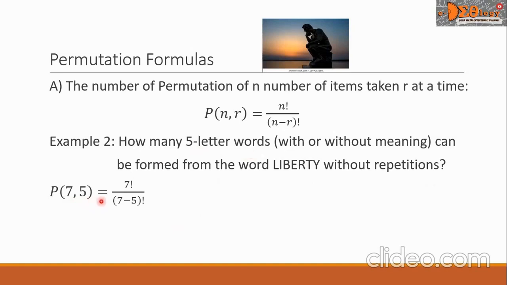This is equal to n factorial, which is 7 factorial, over n minus r, which is now 7 minus 5 factorial. And this 7 minus 5 is 2, and we will take the factorial.